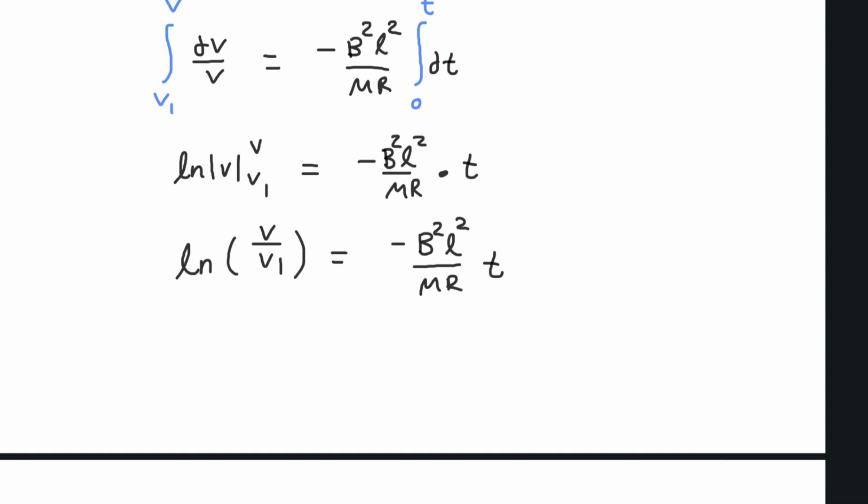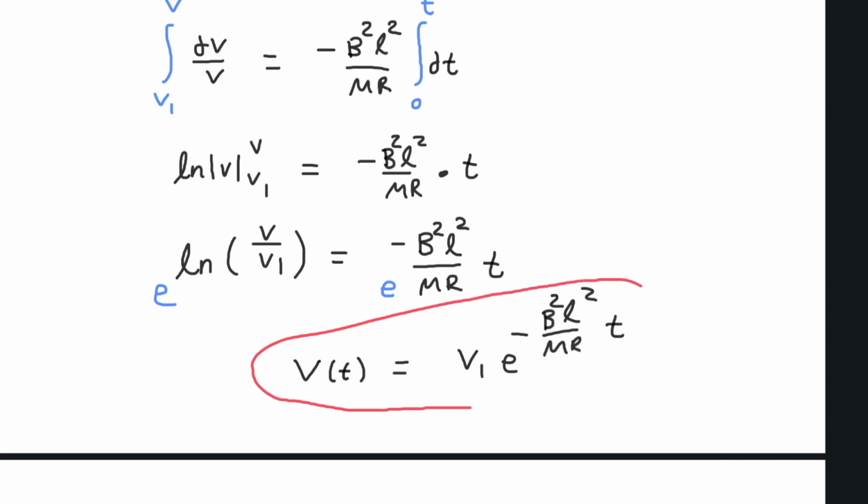And then if we just take an exponential of both sides, we can eliminate the log, and then multiplying through by v1 gets us our answer. V of t is equal to v1 e to the minus B squared L squared over mR times t. And that's our answer.